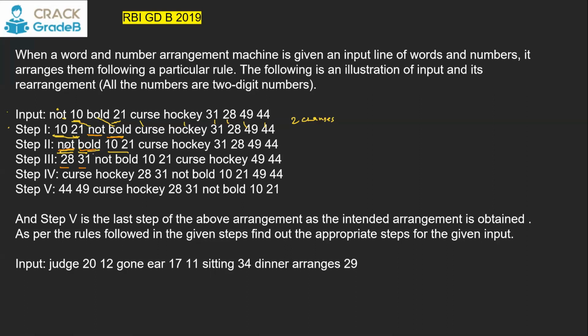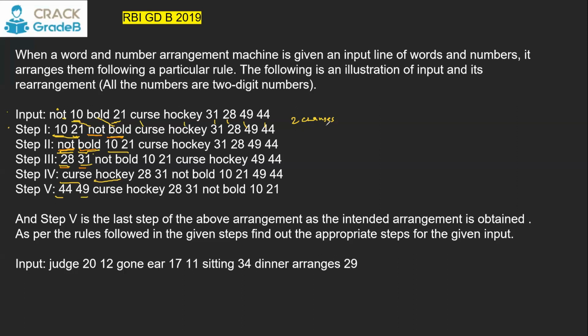That means the two smallest words will come in. Then the second smallest numbers, two numbers, they'll appear in front. Then similarly, the second smallest words, two words, curse and hockey, they will appear. And then the largest two numbers appear.